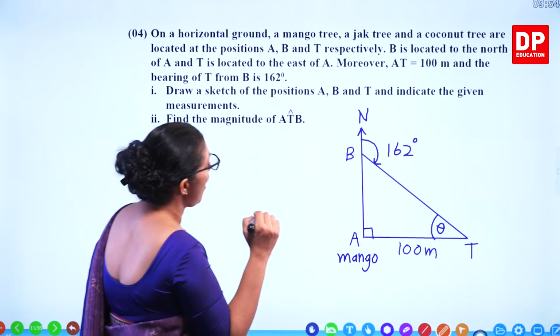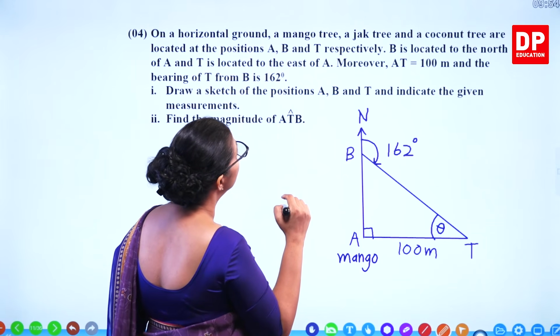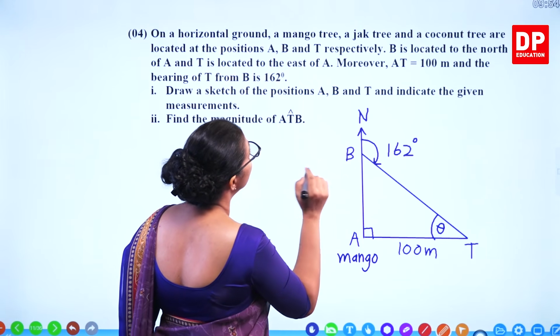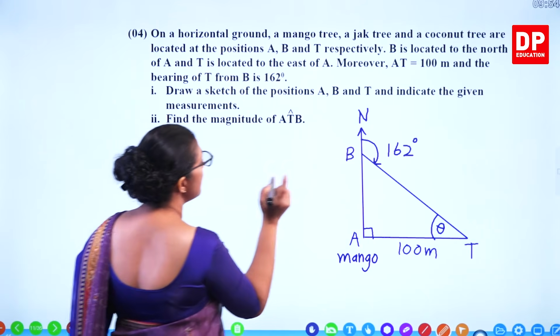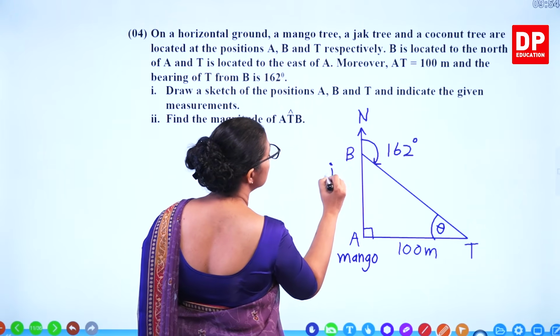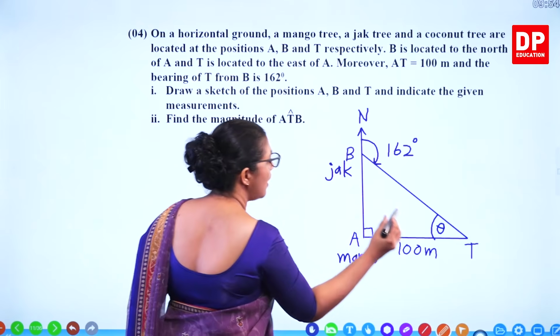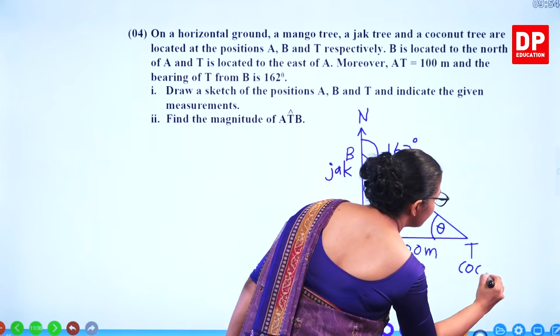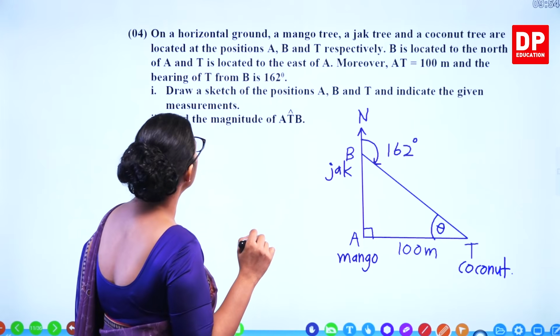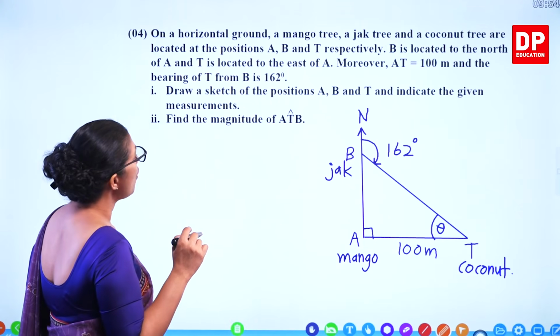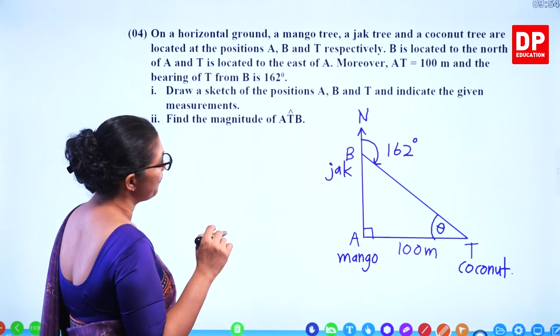And B is jack. And a coconut tree is T. So this is jack and this is coconut. So that's the diagram. And find the magnitude of ATB.